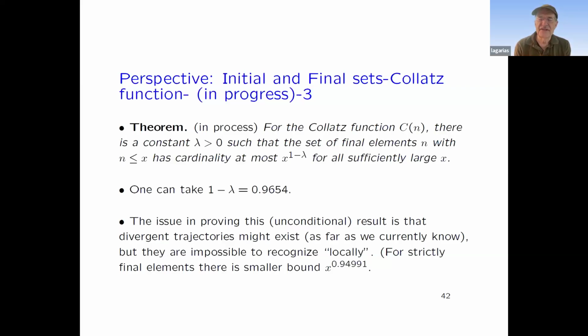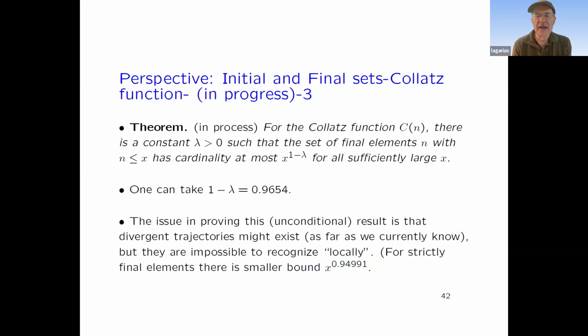So it says that the set of final elements up to any value x is an exponentially small fraction of all the elements. It behaves like it has fractional dimension less than 1.